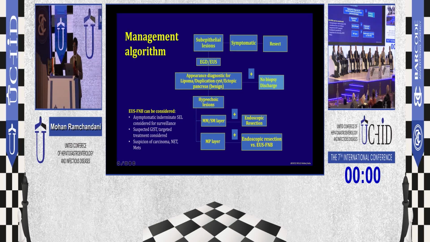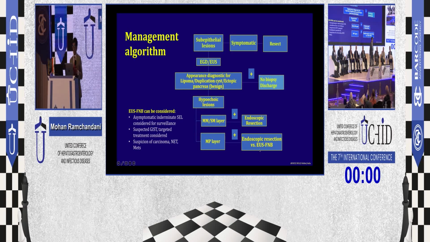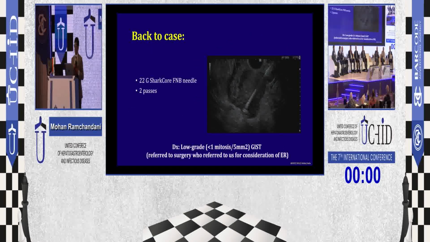While if there is a hypoechoic lesion, then you must go into the deep layer, whether it is arising from muscularis mucosa or submucosa. It may be a neuroendocrine tumor, you must remove it. Or if there is an MP layer tumor, you first take a biopsy, and based on whether it's a GIST or schwannoma or leiomyoma, you can take a decision whether it's to be resected by EFTR, endoscopic full thickness resection.